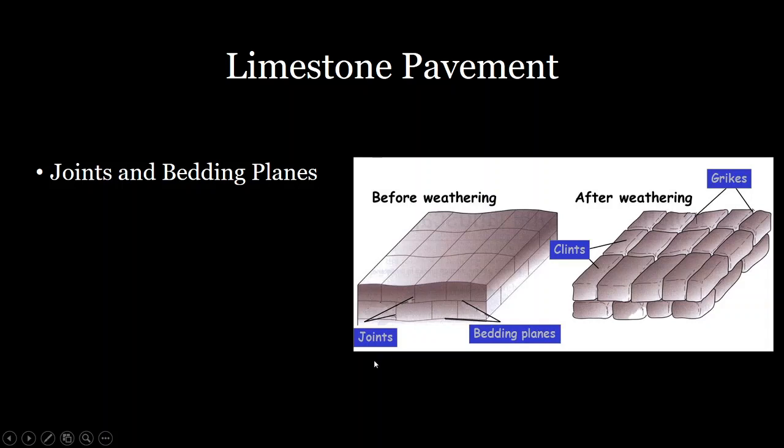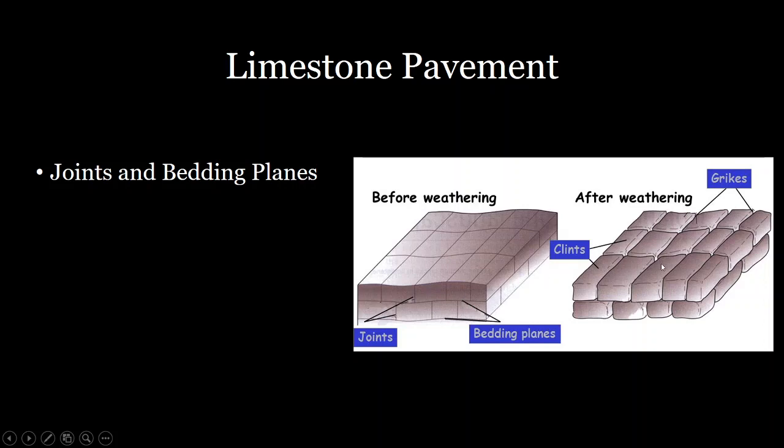So what happens here is that you have this limestone layer that has several joints and bedding planes in it. Joints are the vertical cracks that develop in that layer, and bedding planes are the horizontal ones that go across the entire landscape parallel to the ground, usually. And because those joints and bedding planes allow for more water to flow through them more easily, they erode more easily.